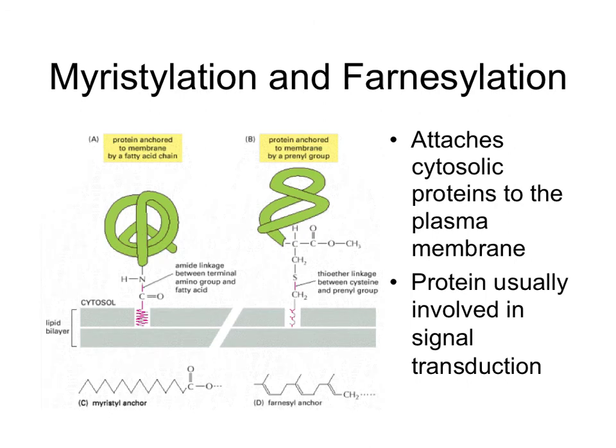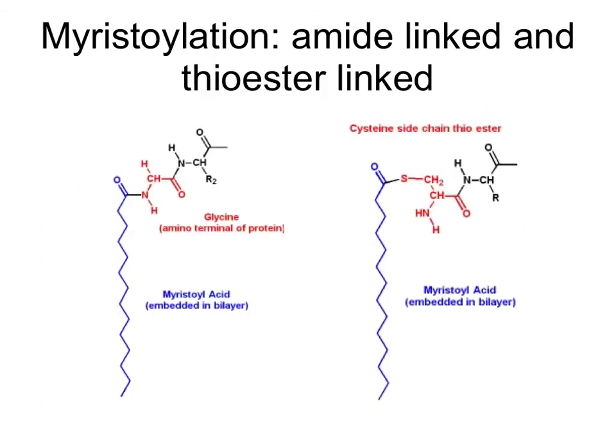Myristoylation or farnesylation allows proteins to then be bound to the lipid bilayer, so it attaches cytosolic proteins to the plasma membrane, and they're usually involved in signal transduction. The type of linkages for myristoylation can be an amide link or a thioester link.